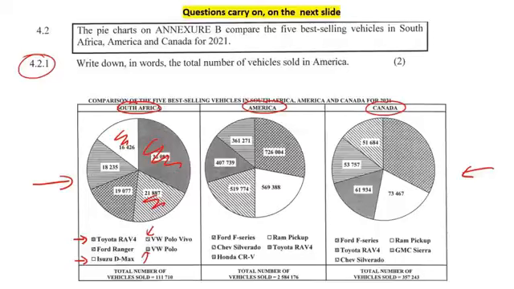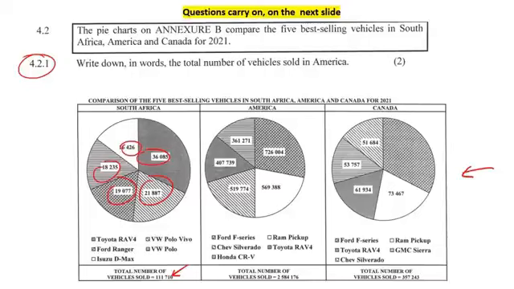My bad, sorry, guys. And then the Ford Ranger. So they're looking at 5 different types of vehicles in South Africa, and then 5 different vehicles in America and in Canada. So that's the basics of what this question is all about. And then here they tell us the total number of vehicles sold. Well, that would obviously just be the total of all of those added together.